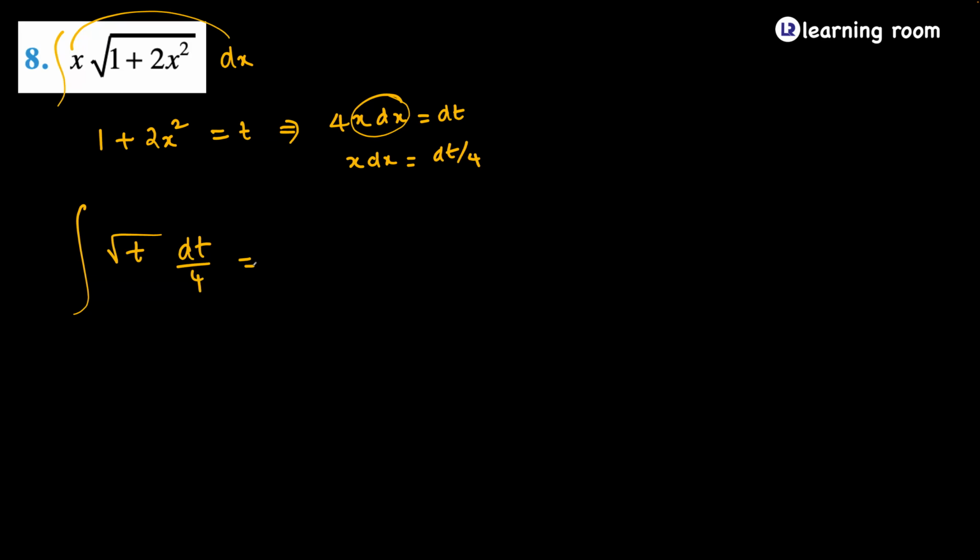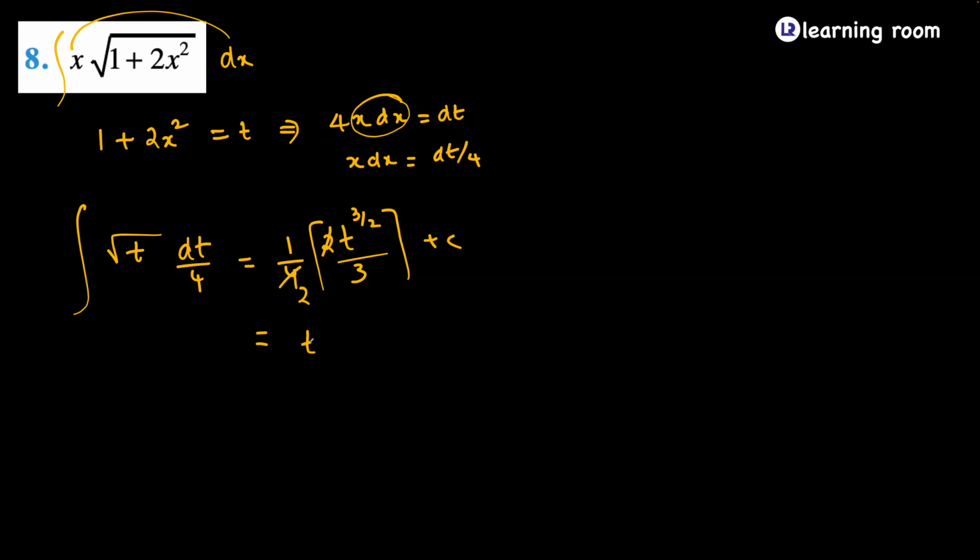So what will the answer be? 1 by 4 times integral of root t dt is going to be t power 3 by 2 divided by 3 by 2. So here 3 will come, here 2 will come, plus c, and 2 will cancel with the 4, 2 times.